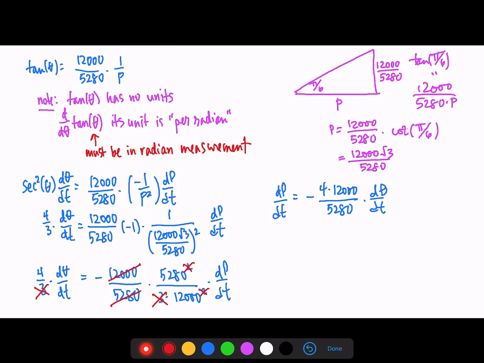Let's look at this for a second. What do we have here? The 4 came from this secant squared, and the unit on that, as we talked about, is per radian. This 12,000 over 5280, that's our measurement of miles.